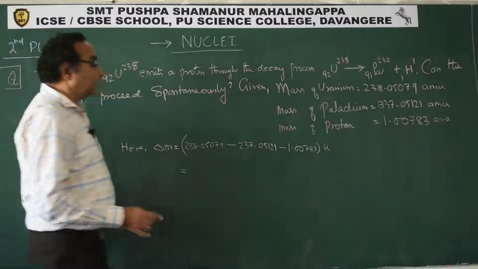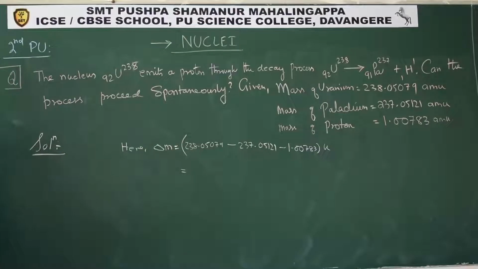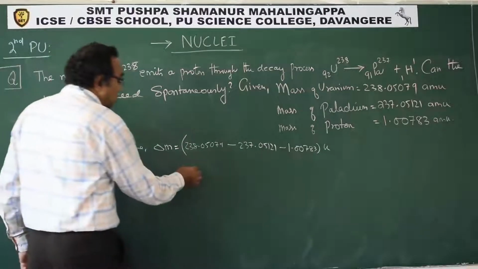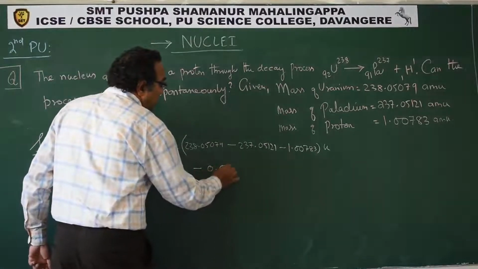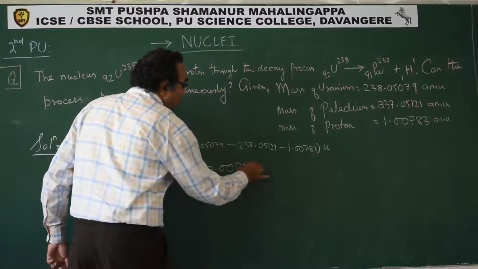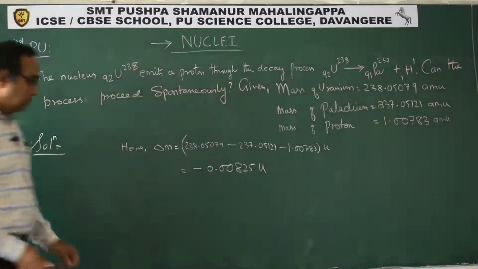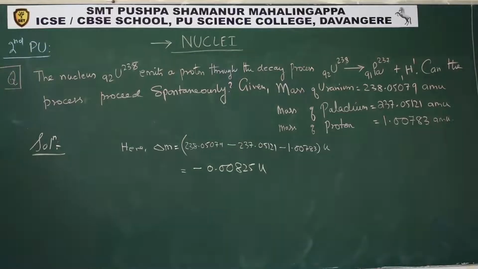This entire thing will come in atomic mass unit. So if we try to simplify this expression, we are getting it as minus 0.00825 AMU.